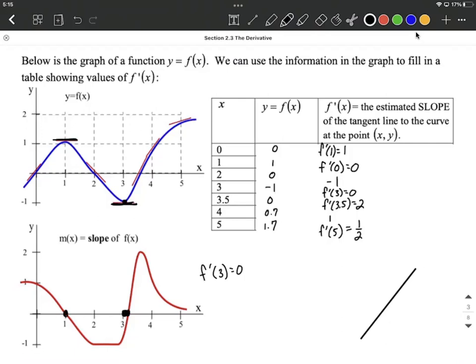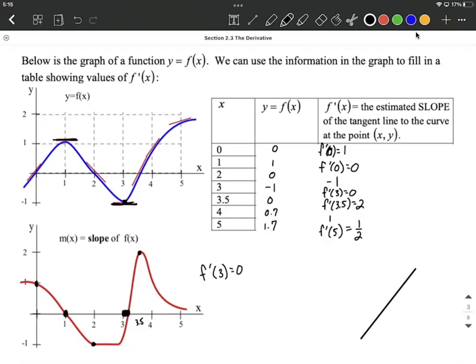The rest of them we can kind of fill in. Sorry, I should have said f prime of 0 equals 1. This point here. F prime of 2 equals -1. We also went ahead as we were listing these out and said f prime of 3.5 equals 2, so 3.5 is right about here, should be right about 2 on our graph, about the steepest place on our graph there.